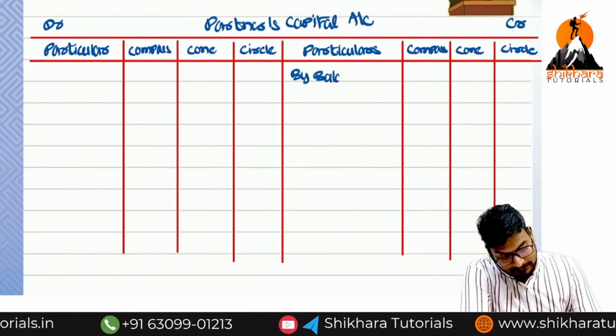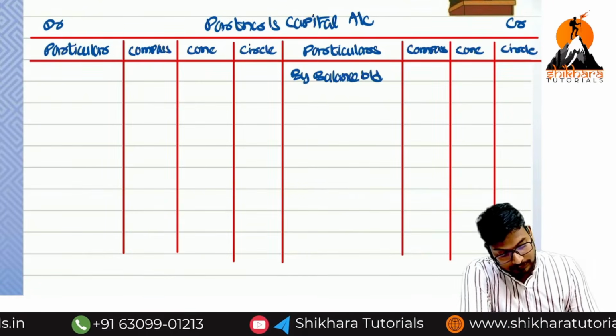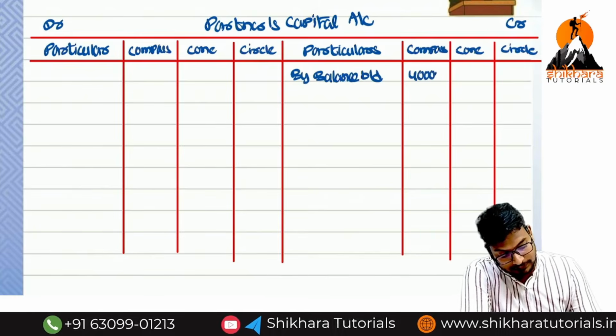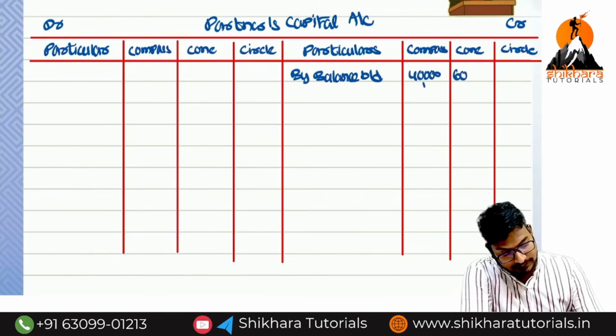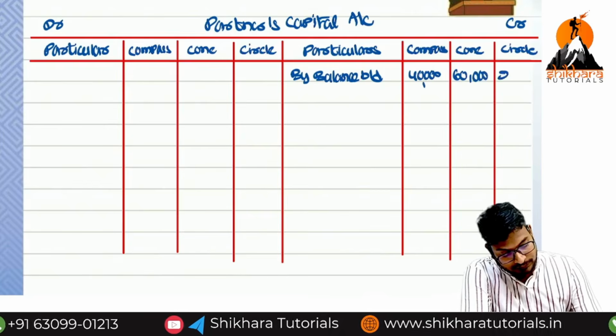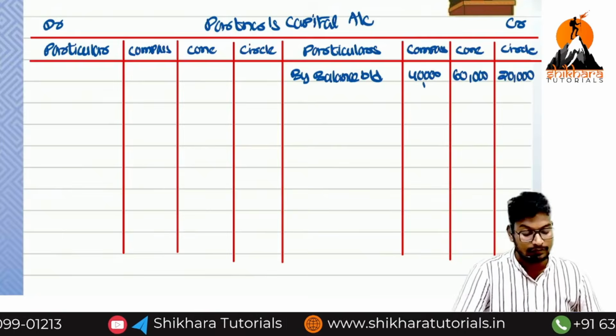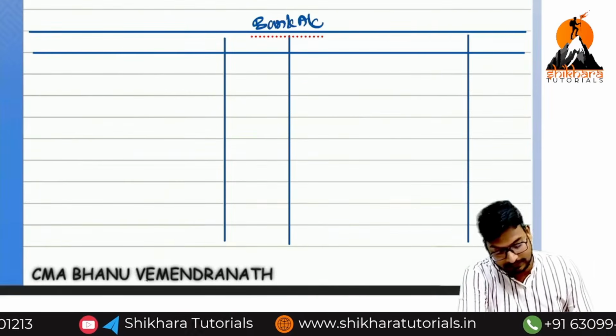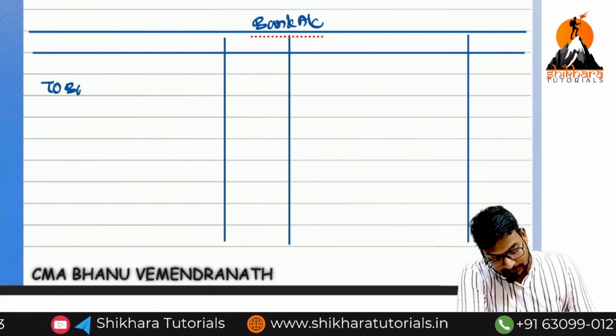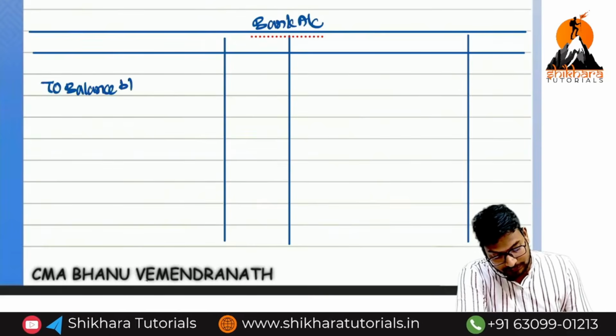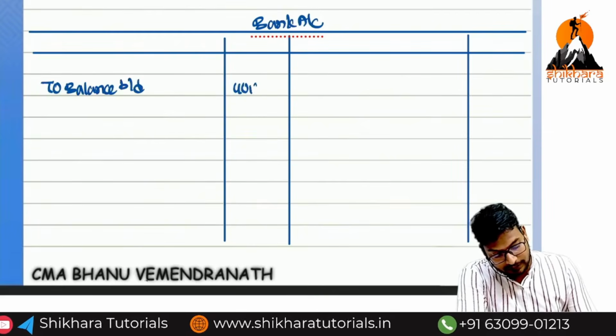By balance brought down 40,000, 3,000, 20,000. We have taken these from the balance sheet. So what is the cash opening balance? Bank balance brought down, how much? 40,000.